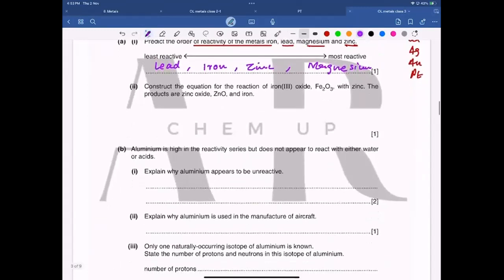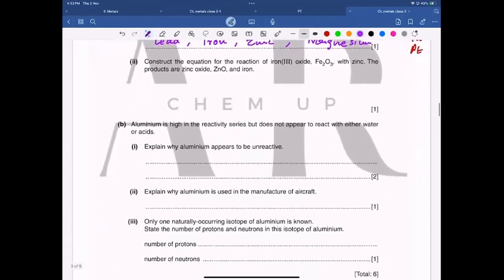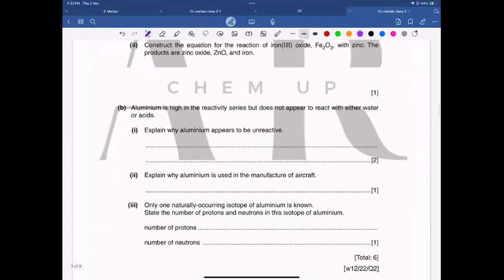Okay, now have a look over here. Aluminium is high in the reactivity series but does not appear to react with either water or acids. Explain why aluminium appears to be unreactive. So that's what we have discussed at the start of today's class. Why is it so?